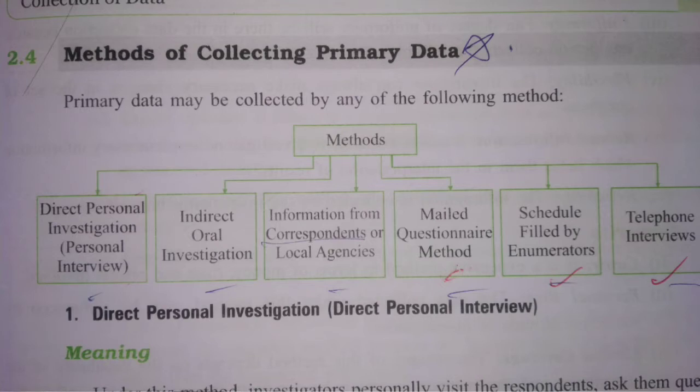So it is a kind of direct investigation. Second one is indirect oral investigation. It means we are asking about a particular thing from someone else, collecting the information from a third party. Third one is information from correspondence or local agencies.